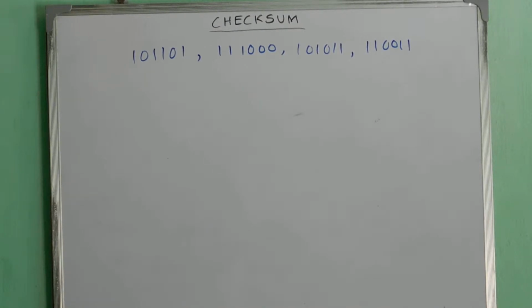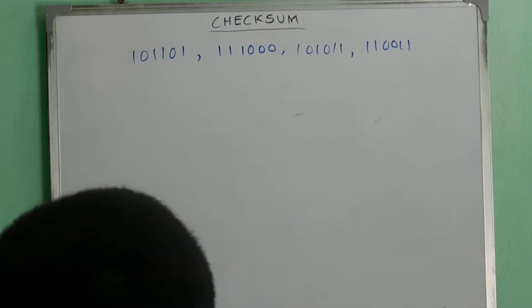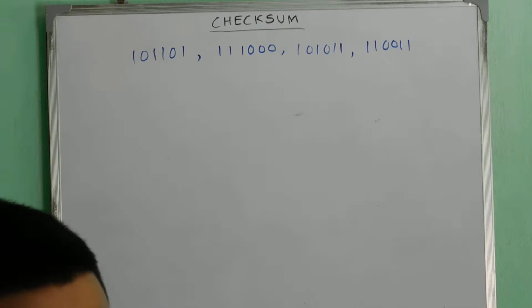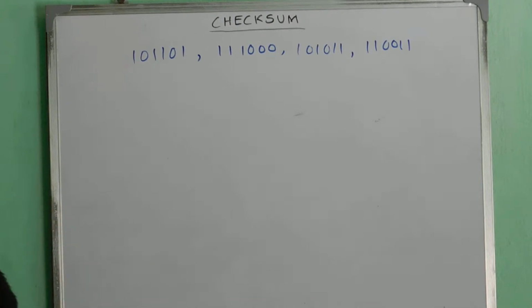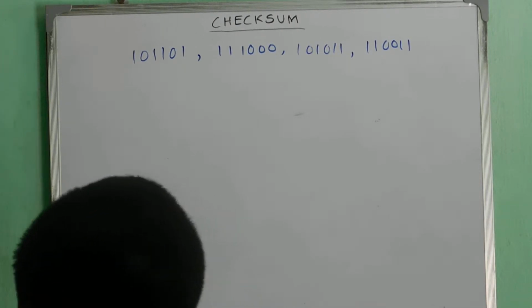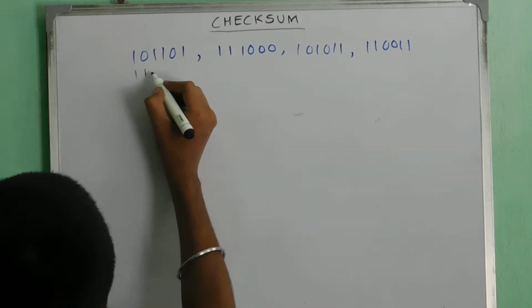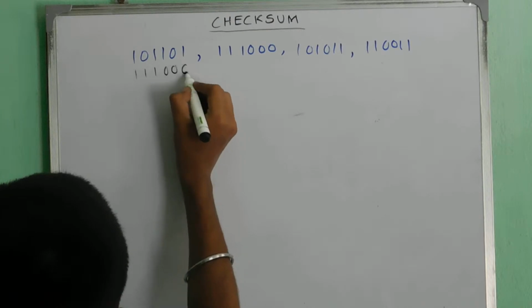Okay, so what we will do, we will just add them by the technique of one's complement. So let's do that. First of all, one by one we will add. Okay, so 1 1 1 0 0 0.